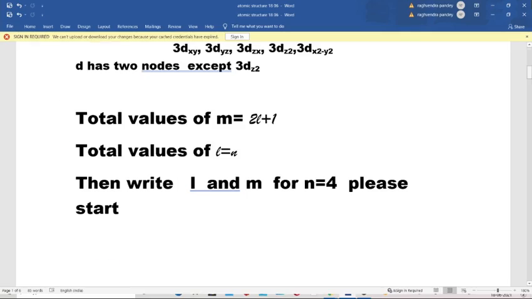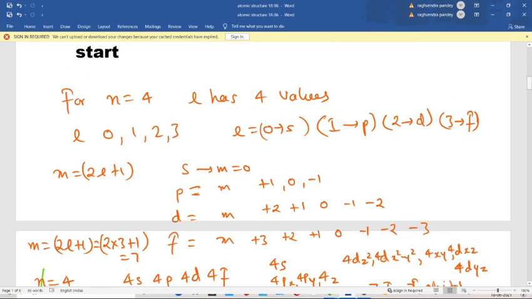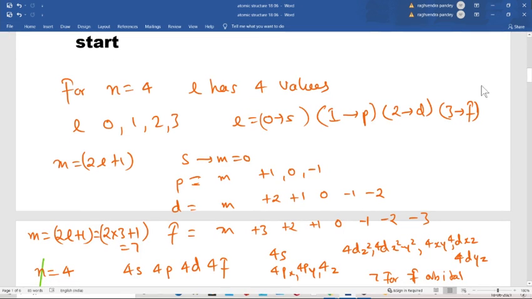Already we have done this. Oh, what is happening here? Some error occurred there.